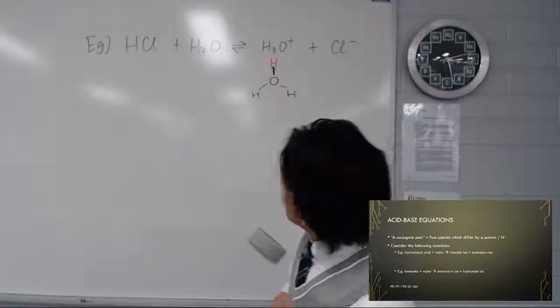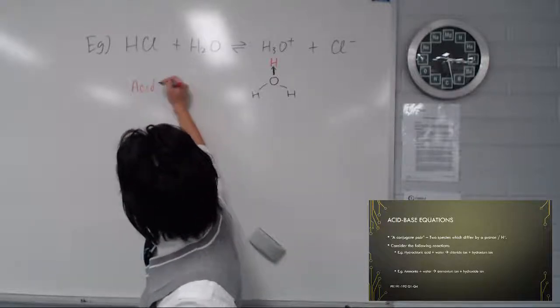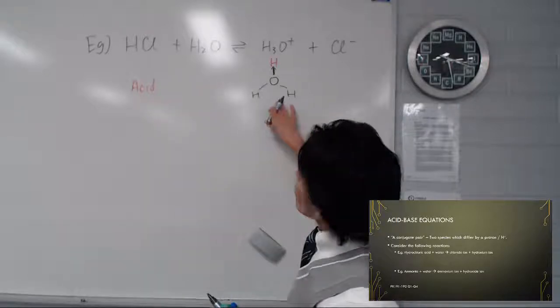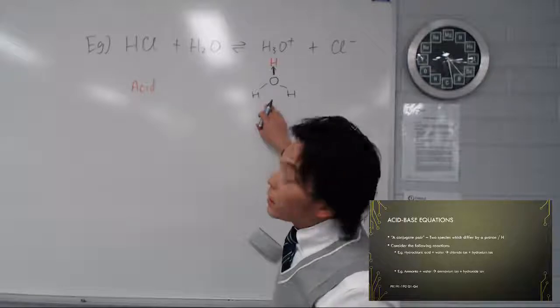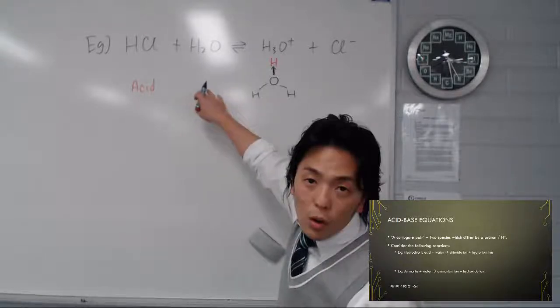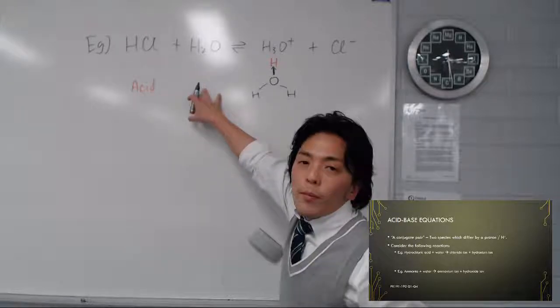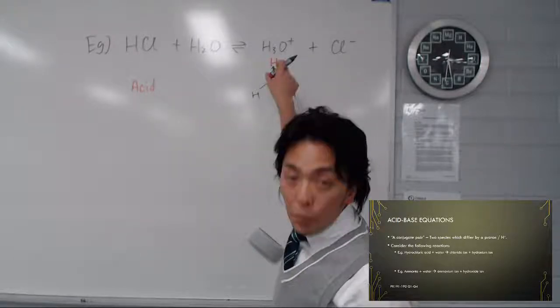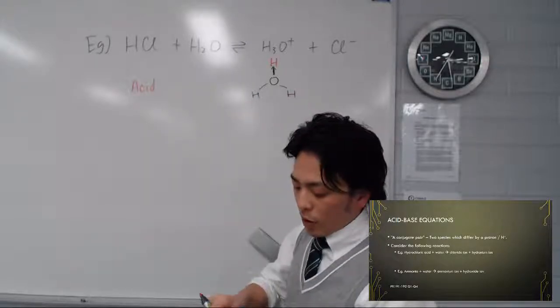Now, firstly, HCl was the acid, and now this is something that's considered to be an acid, but it is the conjugate acid of H2O. Do you see that? H2O used to have just H2O. Now it has one more proton. So species which differ by one proton, what do we call that again?